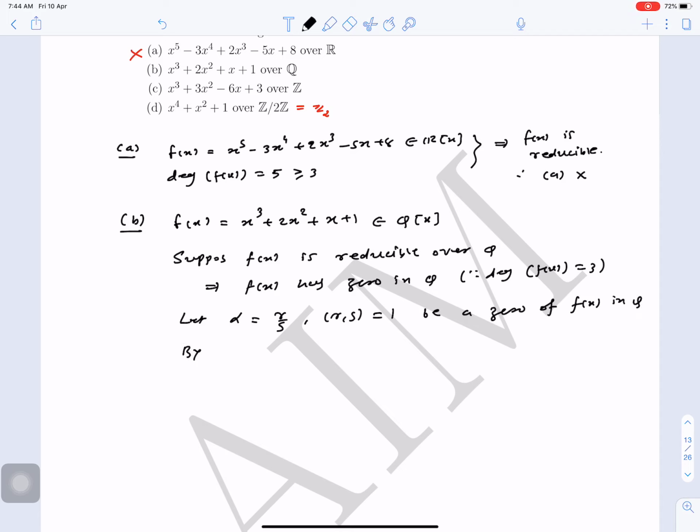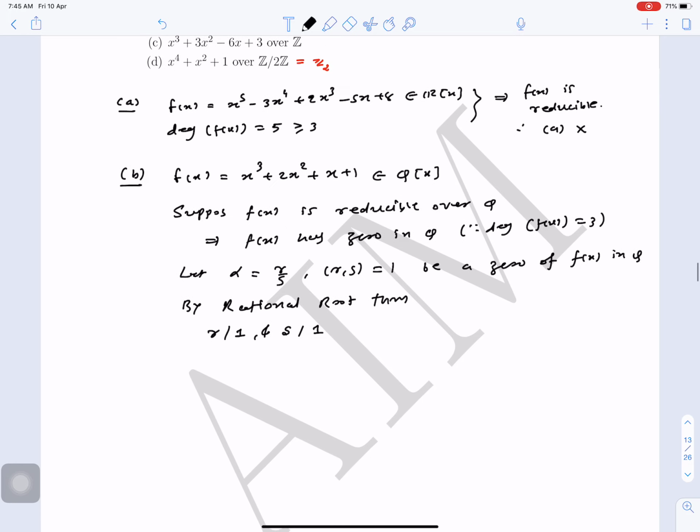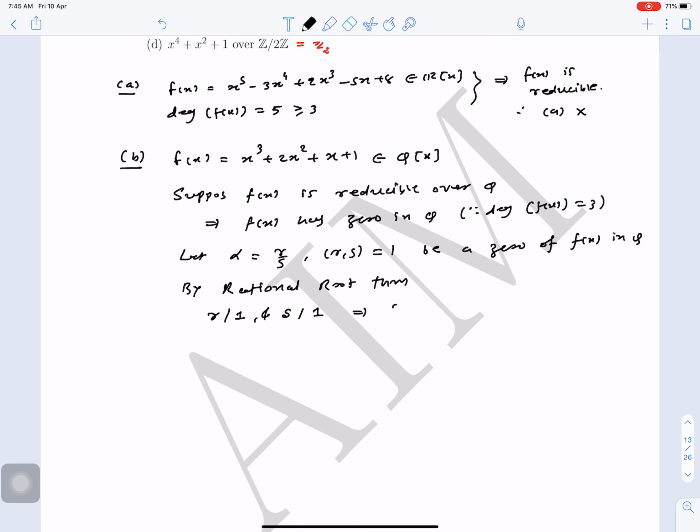So by rational root theorem, r will divide the constant term and s will divide the leading coefficient. So it gives me r is equal to plus or minus 1 and s is also plus or minus 1. So alpha is equal to r by s, plus or minus 1.